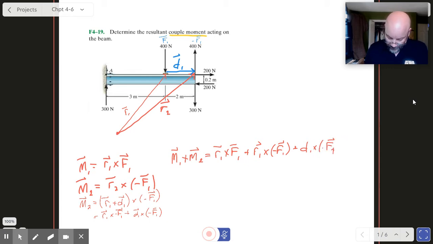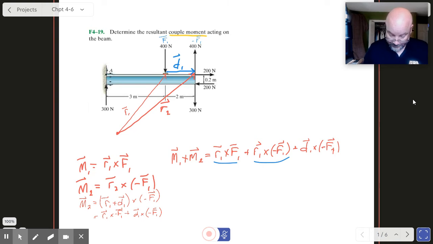I got really sloppy there, I apologize. That's a minus sign there. Now look, this term and this term cancel each other out, and all we're left with is D1 and F1.